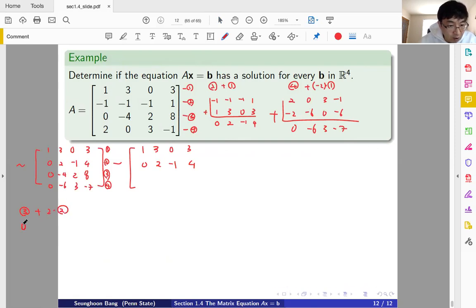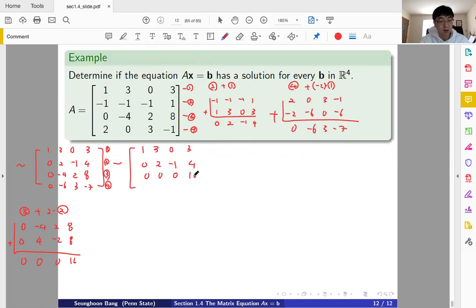The third row is 0, -4, 2, 8. 2 times the second row is 0, 4, -2, 8. You add the two equations. So we have 0, 0, 0, 16.